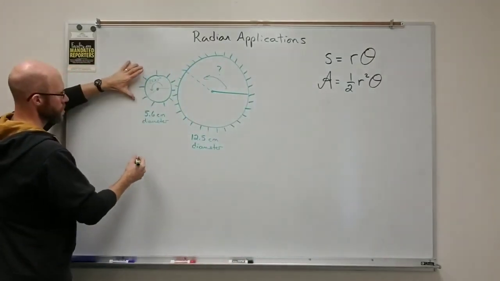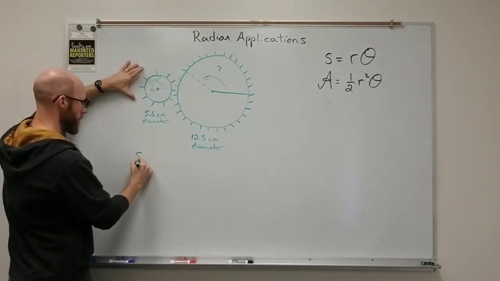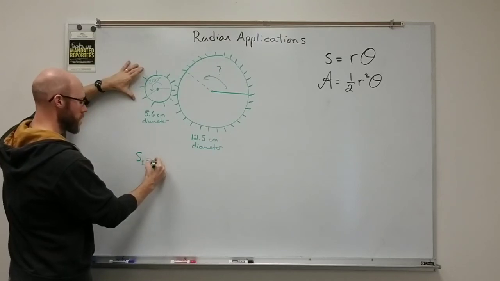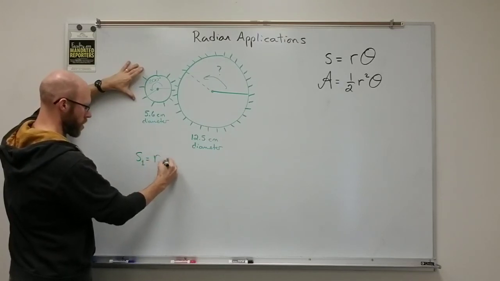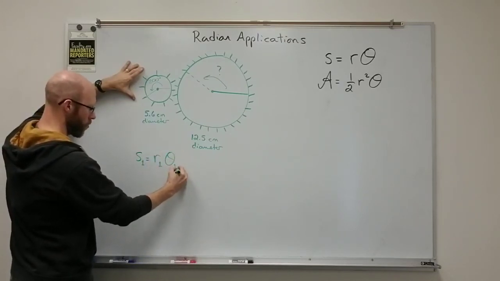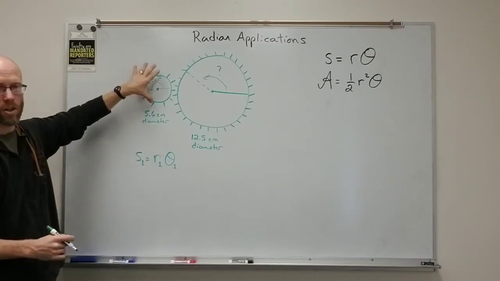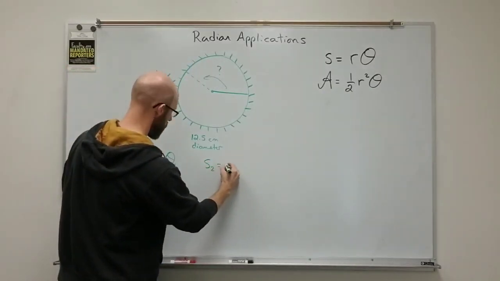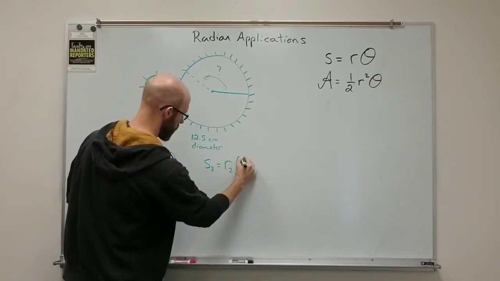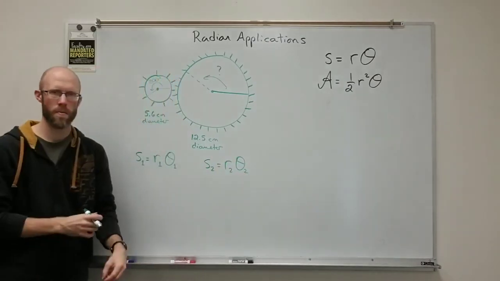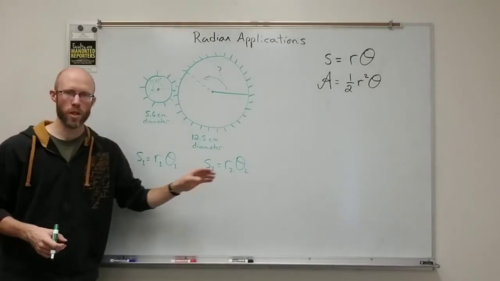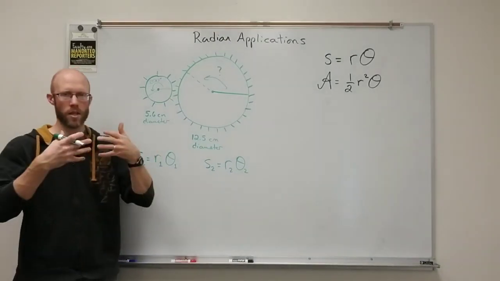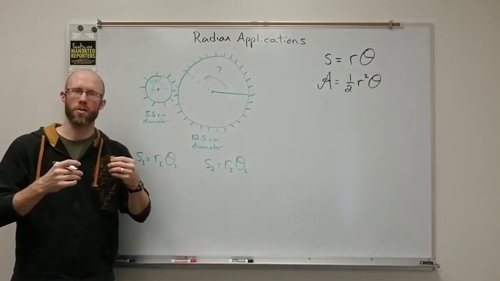In this first gear, I'm going to call it S1 equals R1 theta 1. I'll call this gear 1. In the second gear, I'll say S2 equals R2 theta 2, okay? Well, what's interesting between these is I just said the S's, the arc lengths, are the same.